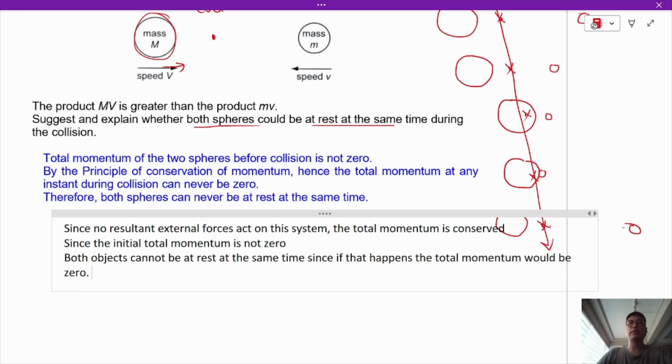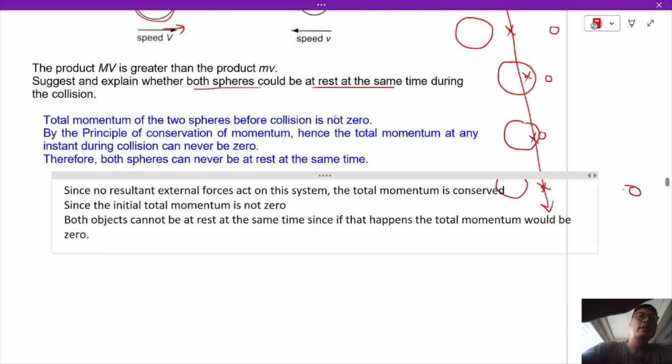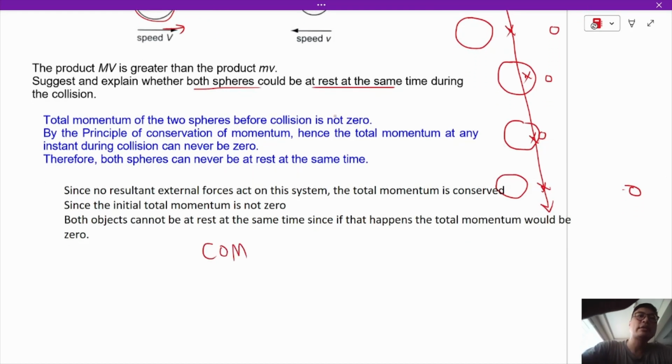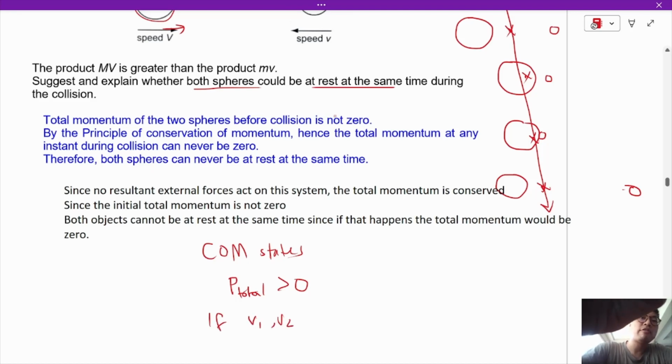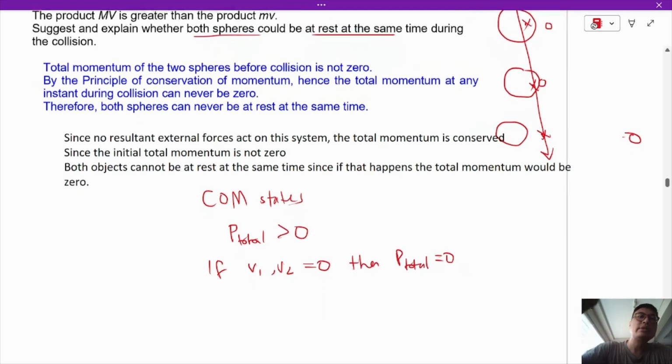So here's the logic. Conservation of momentum states that the total momentum is greater than 0. If the velocity of both objects equals 0, then the total momentum equals 0. But this contradicts.